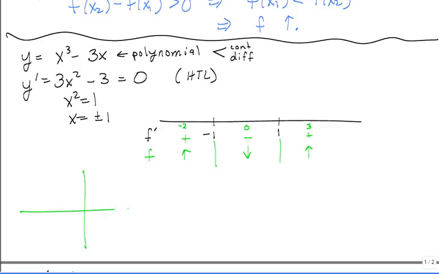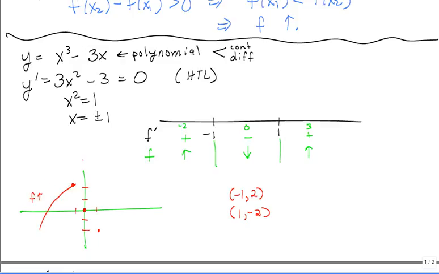So if we get our points on this graph, if we plug negative 1 into our original function, we have negative 1 plus 3, which is 2. So we have negative 1, 2. We'll have 0, 0. And we plug 1 in and we get negative 2. So it's increasing up to this point.